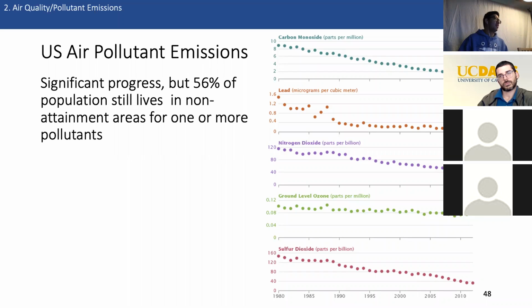This is, I think, thanks to a lot of clean air policies, aggressive air policies at both the federal and state levels. Or you might think about the efforts of the Environmental Protection Agency. So there's been a huge amount of progress in reducing air pollution from a lot of these pollutants.